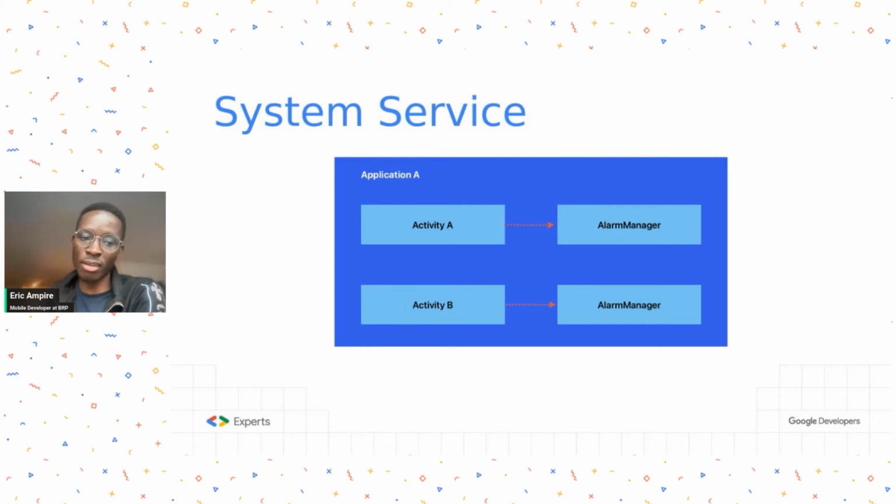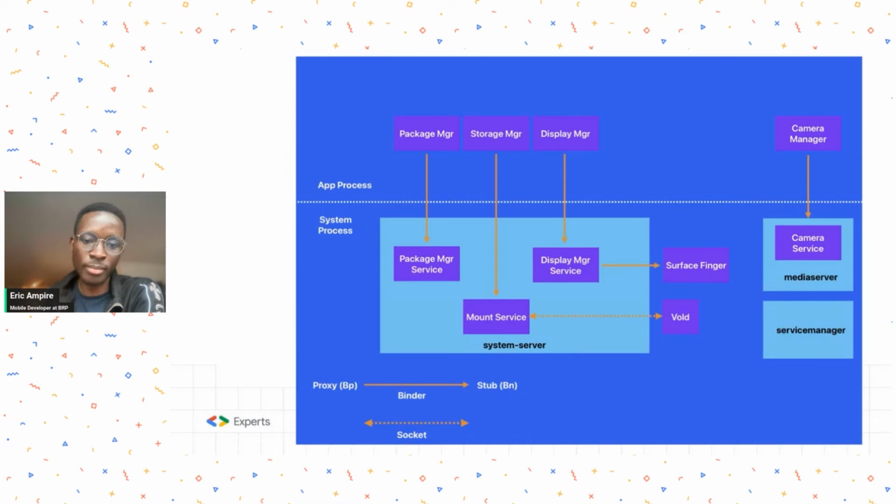In this particular case, we can have in one application 2 different instances of the same manager, which will have access to a particular service. So it's pretty common. It's good to know that every time you get access to a particular manager, you are creating an instance of that manager, which will have access to one single service running somewhere else.